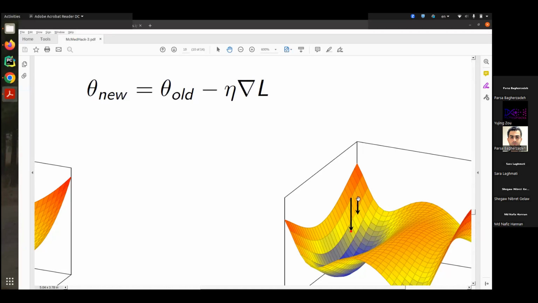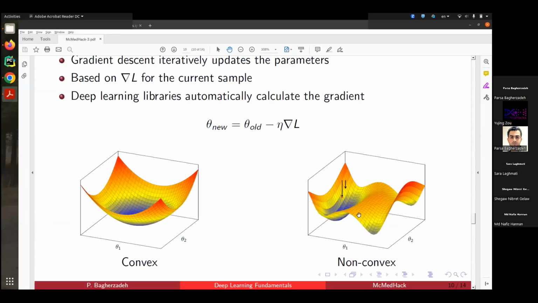Or if I choose a smaller value, I would go with slower steps, with a slower pace. So we would have an iterative process. We would start from somewhere, then we pass all of the samples that we have in the training set, and then we gradually get a better estimate for our parameters.